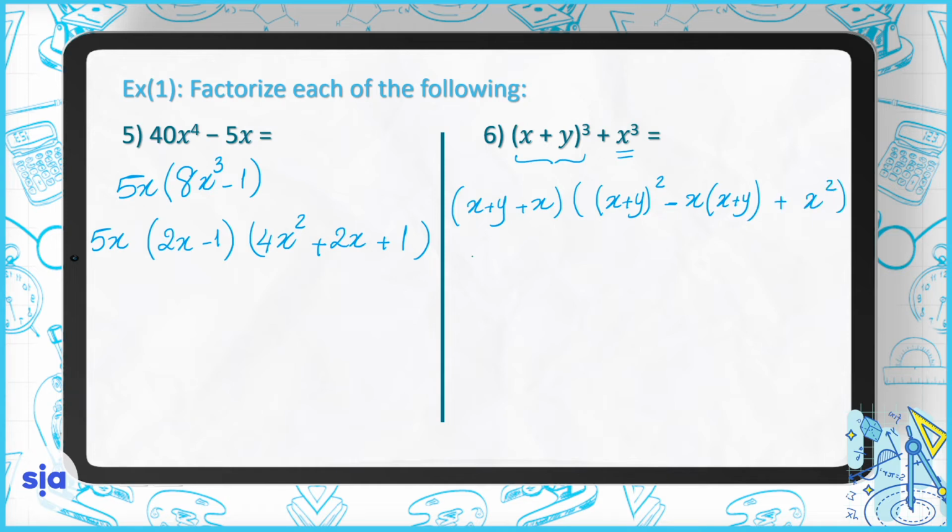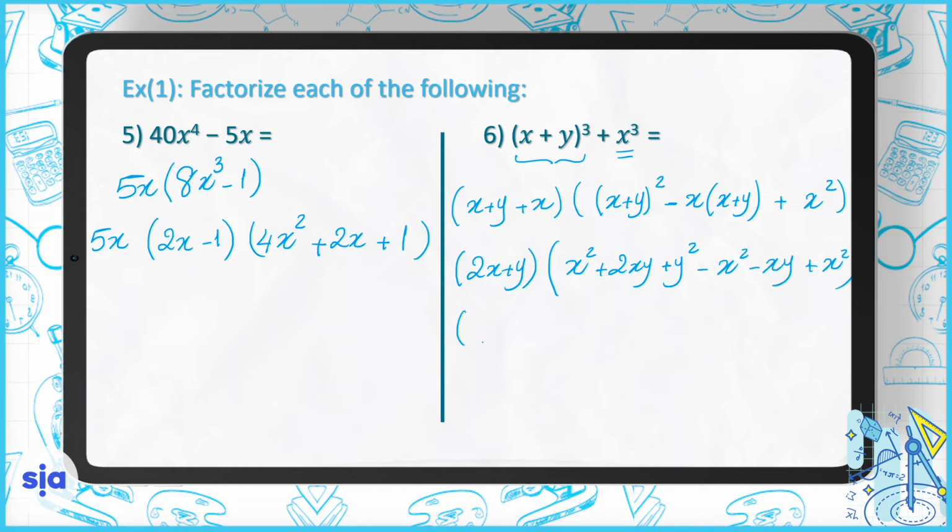We can simplify this as 2x plus y multiplied by, we expand this as x squared plus 2xy plus y squared minus x squared minus xy plus x squared.